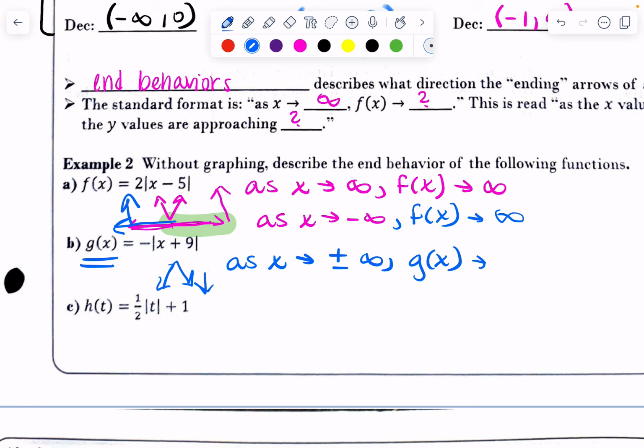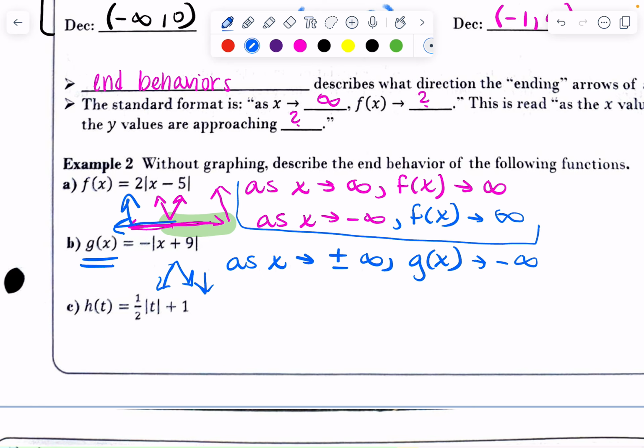So they're going to negative infinity. Since both ends go the same way, we can go ahead and condense the notation. Notice in the first one, we couldn't do that because it's going different ways, or I just like to show in the first one that we can write it out, but if they're both going the same way, there's no need to write two of them.